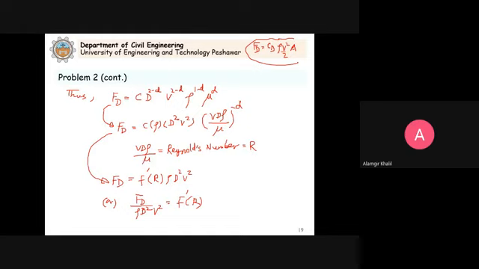So you can compare here. You see FD divided by rho V square, and it is area A for the general case. Here it is D square, which is representative of an area.